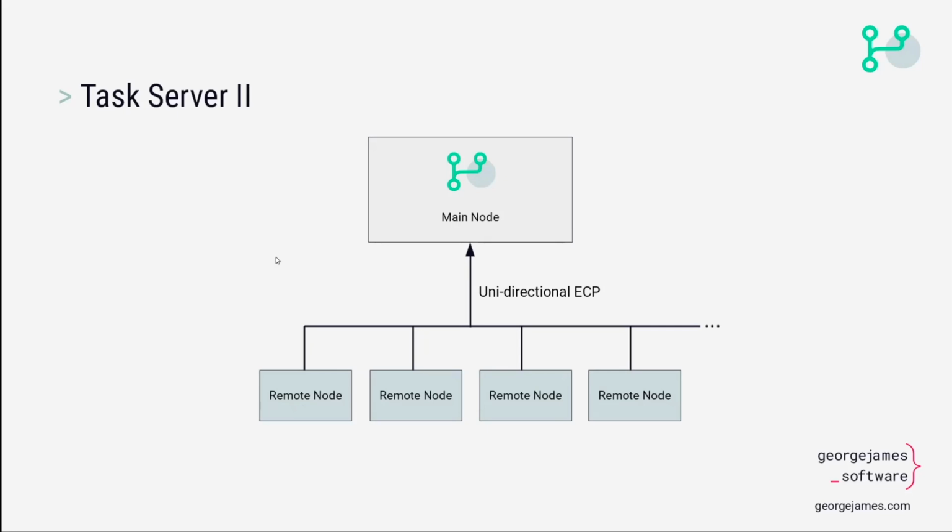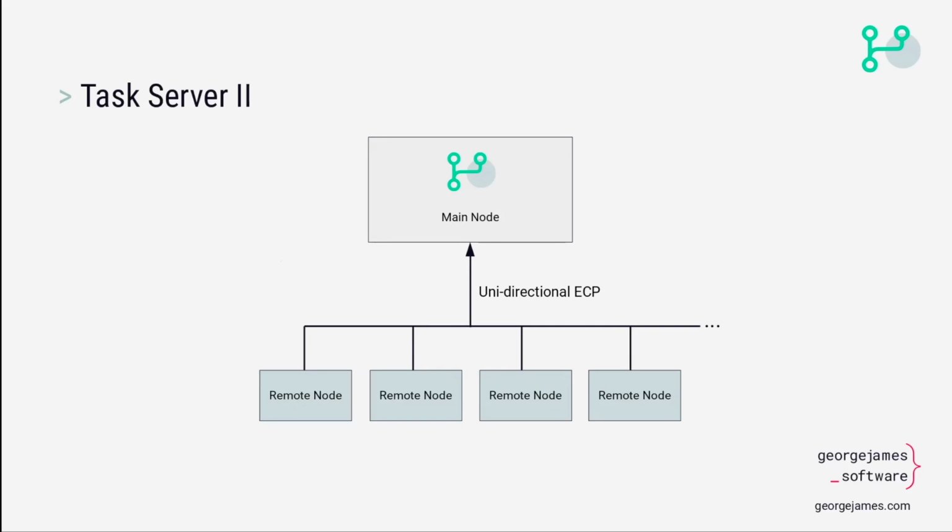So immediately that makes configuration simpler. There's half as many ECP connections that need to be set up, half as much memory consumed in supporting those connections, and half as many things to review when something doesn't work. So that's the motivation behind Task Server 2.